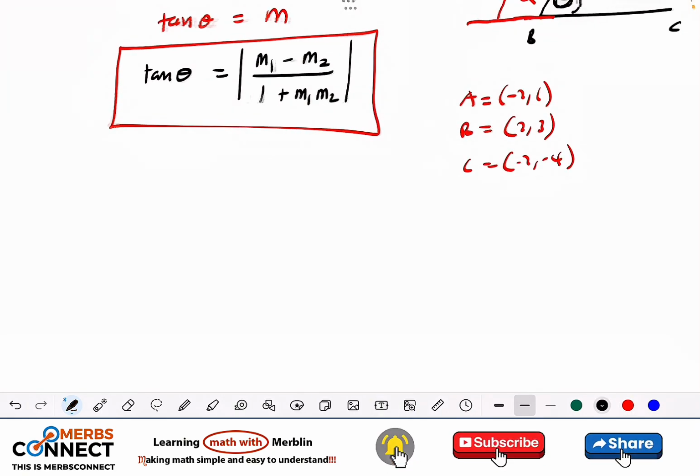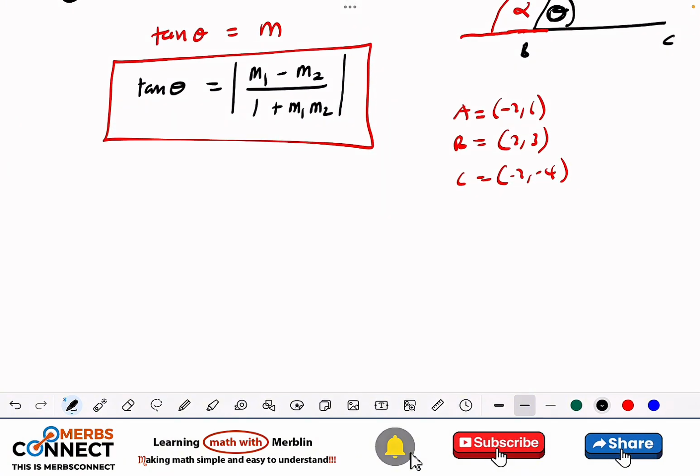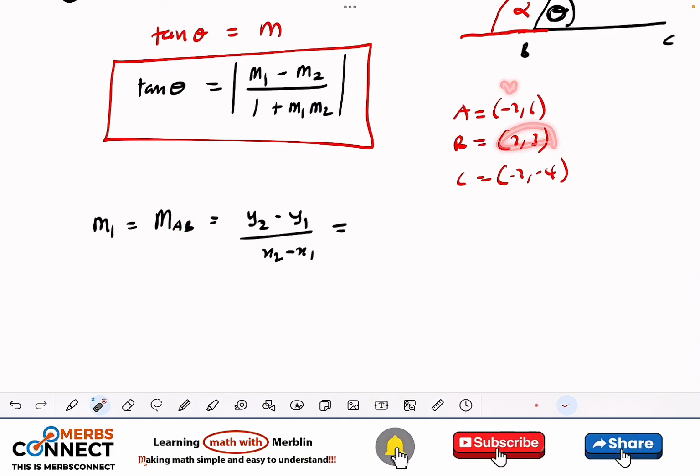So what is the slope of AB? We said m1 should be the slope of AB. This is the change in y divided by the change in x. Now we are working with A and B, so you can pick this one to be x1 and this one to be x2.